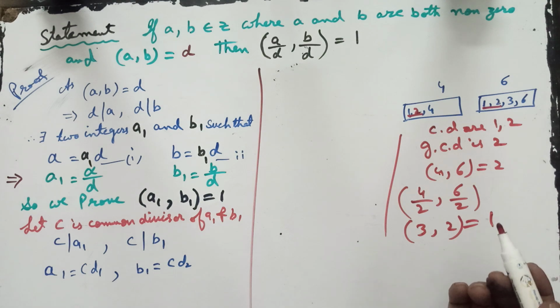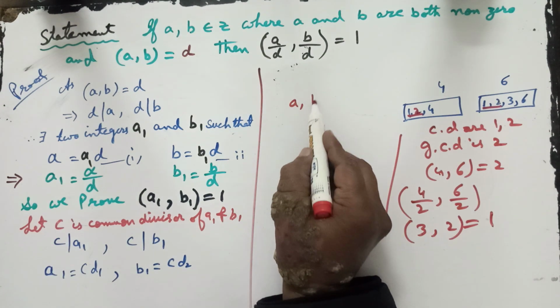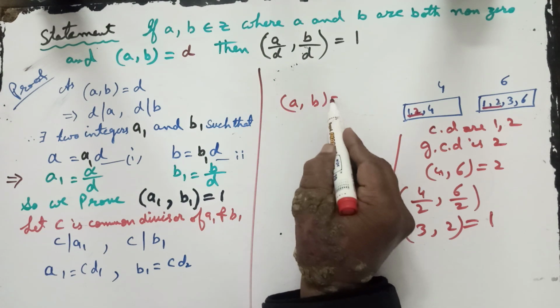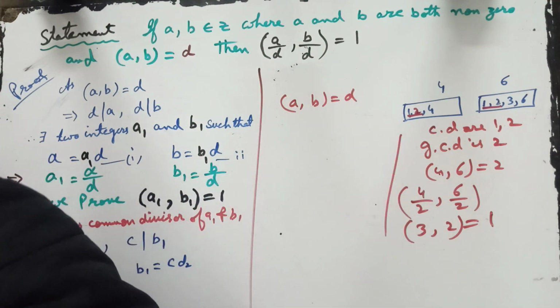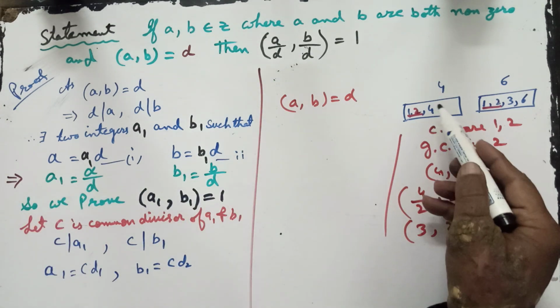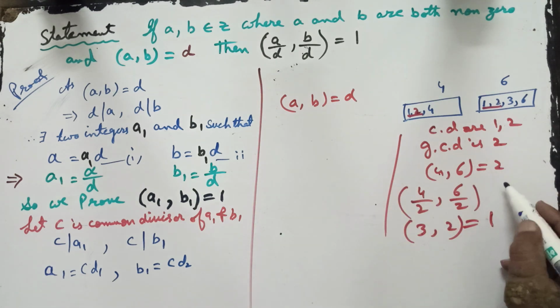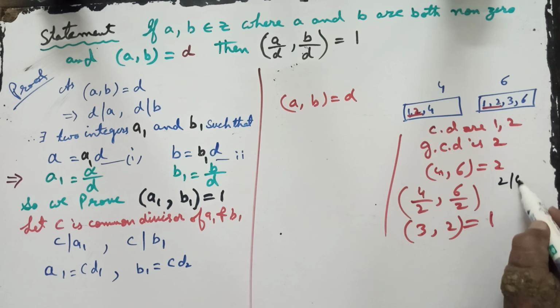I consider now the general case. If I have A and B, two numbers having GCD D. So the GCD is 2, then 2 divides 4 and 2 divides 6.